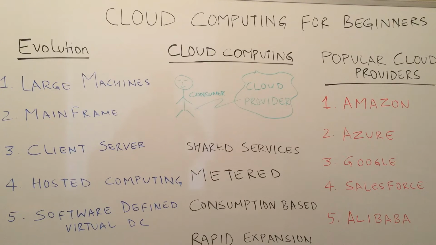Then came the time of mini and mainframe computers. This happened in the 1940s, and IBM was the pioneer in building the next generation of computing machines. These used the concept of time slice and multi-user environments. This led to the next generation of computing environment, which is known as client-server technology.